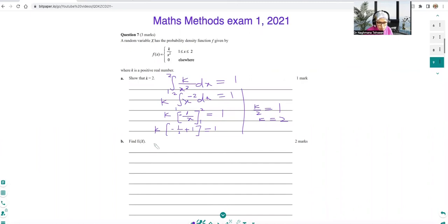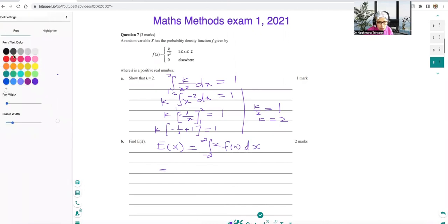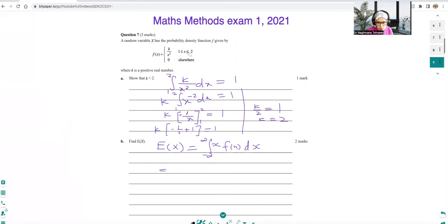Okay, so now we're going to do the B part of the question, where we need to find the expected value of x. So what is the expected value of x? We know the formula is the integral from -∞ to ∞ of x times f(x) dx. In this case, we need to integrate from 1 to 2, and k is 2, so x times f(x) is x over x squared dx.